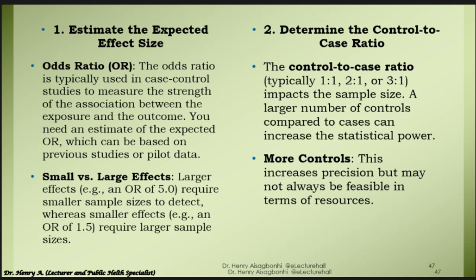This increases precision but may not always be feasible in terms of resources. Actually, the more controls you have, the better your research, because we'll be comparing. You cannot be using 10 controls when you are using 100 exposed data samples. You can't. You have to make it commensurate. If you're using 100 patients, your control should be close to, let's say, 20 or 30 thereabouts.